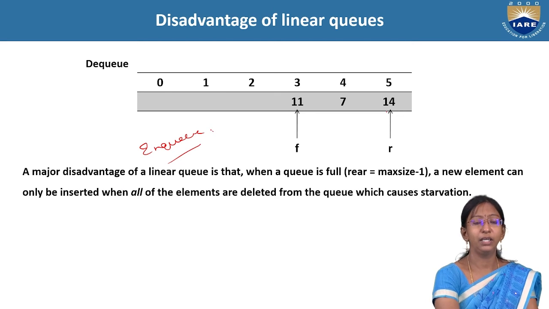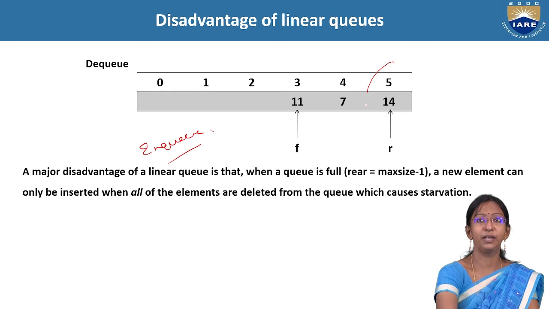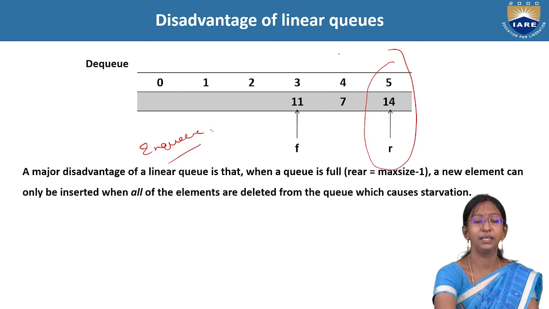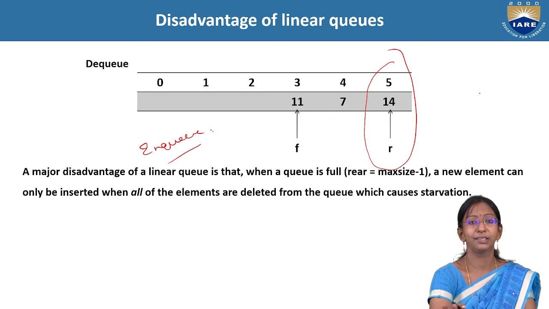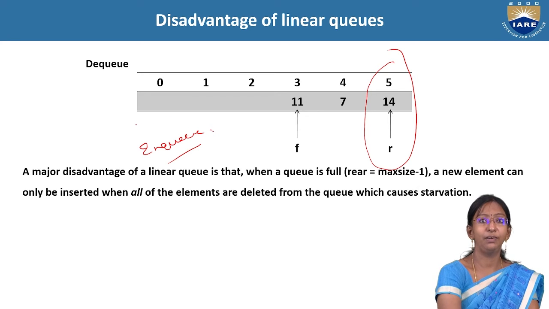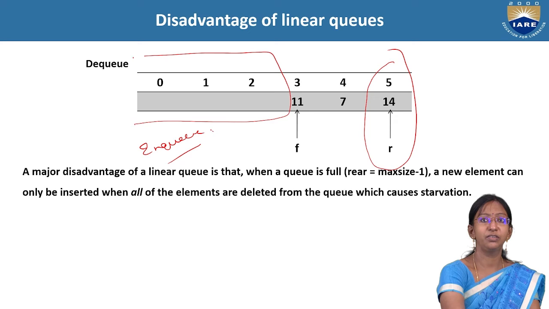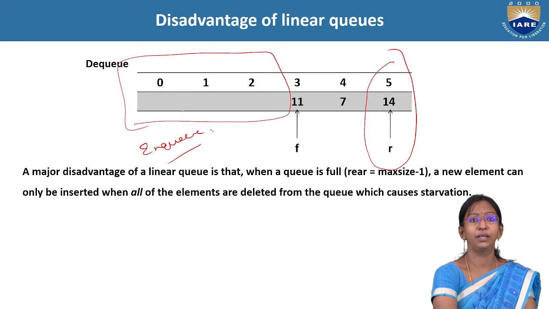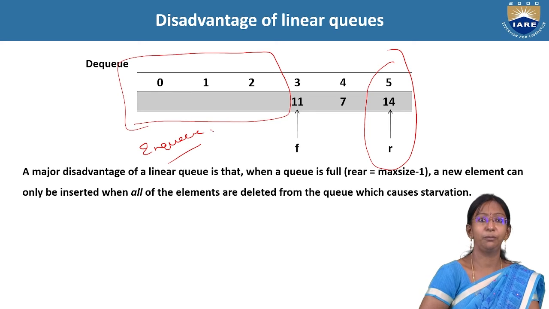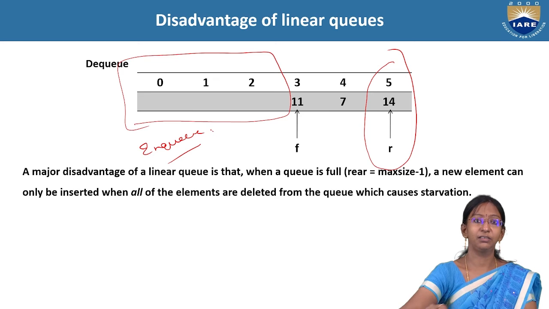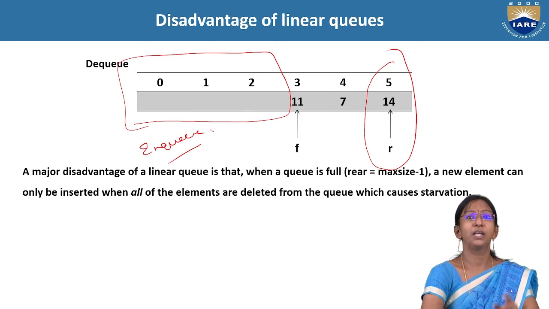So the only condition with linear queue is if rear is pointing to the higher index, I cannot insert. Yes, the condition satisfies. But have a look at the queue. The first 3 positions are vacant. Even though you have empty space, you cannot insert an element into your queue. That is a major disadvantage of linear queues.